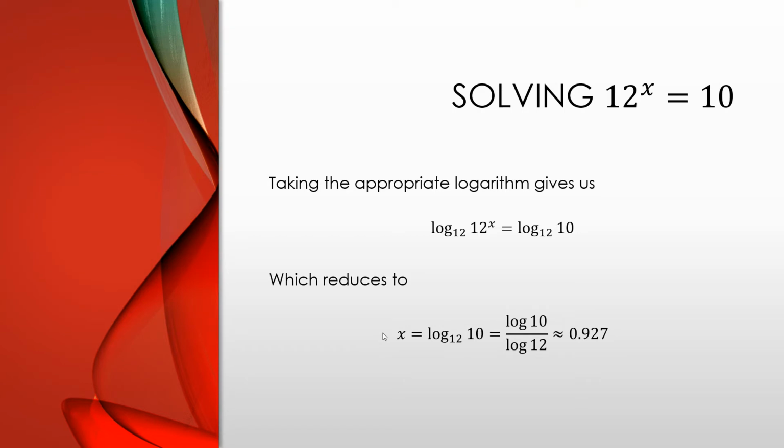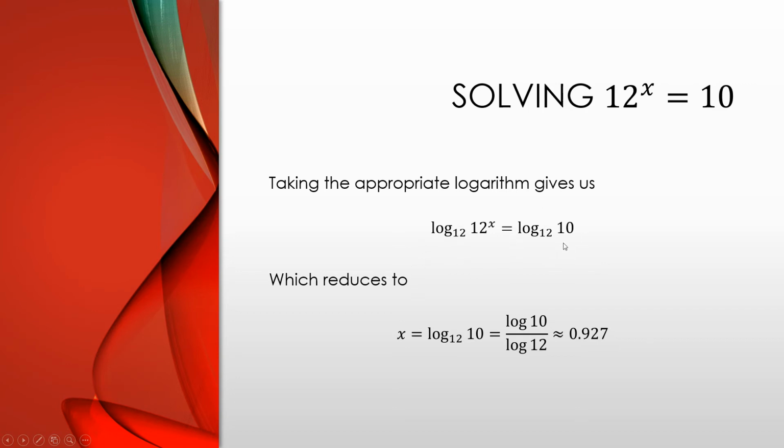If we're trying to solve an exponential equation, we're probably going to use logarithms. If we're wanting to solve 12 to the power of x equals 10, one thing we can do is take the logarithm of both sides. So instead of adding a number to both sides, instead of subtracting to both sides, or multiplying, or dividing, or squaring, or square rooting, another tool at our disposal, algebraically, is taking the logarithm of both sides.